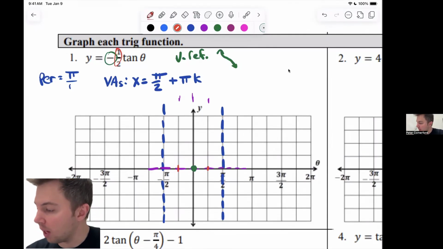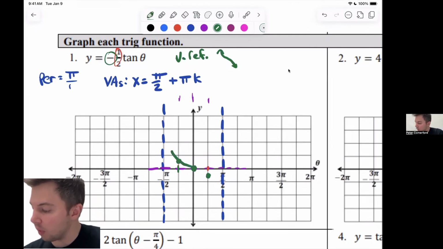If I go left to the tick mark there, I go up a half unit. If I go right, halfway to that asymptote, I go down a half unit. Then I can make my graph from that.